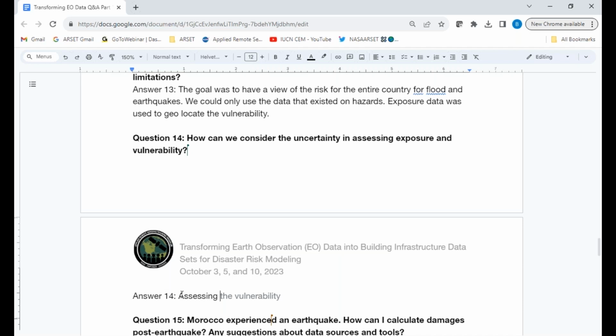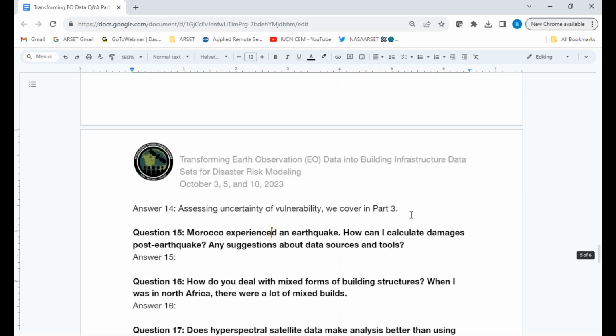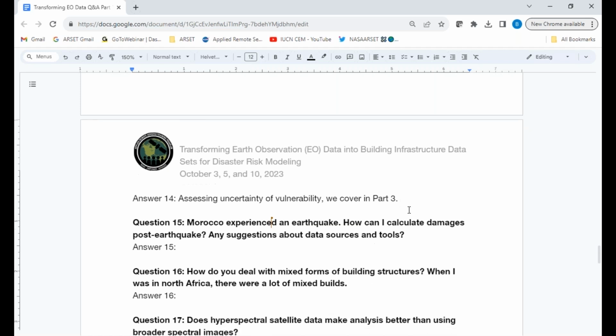I believe we do have another session where we talk explicitly about uncertainty in exposure, don't we, guys? In part 3, we'll be talking more about that. So there'll be a whole session on that in part 3. In terms of assessing exposure, there are many different aspects of that, which we'll be covering more. Great. Even more reason to tune in for part 3 a week from today.